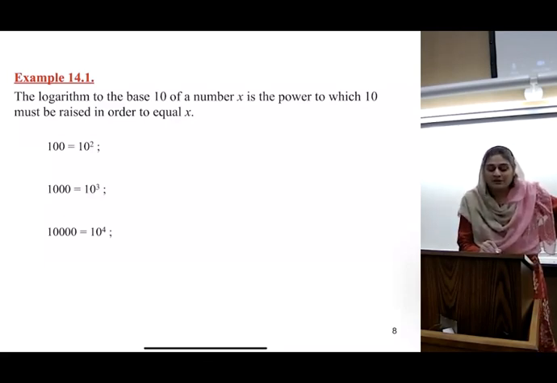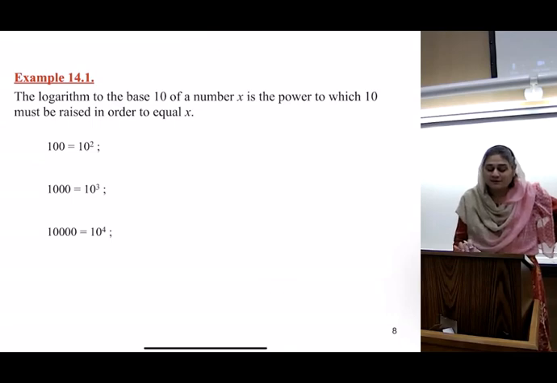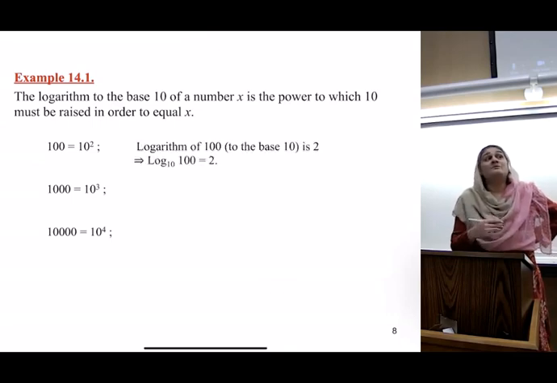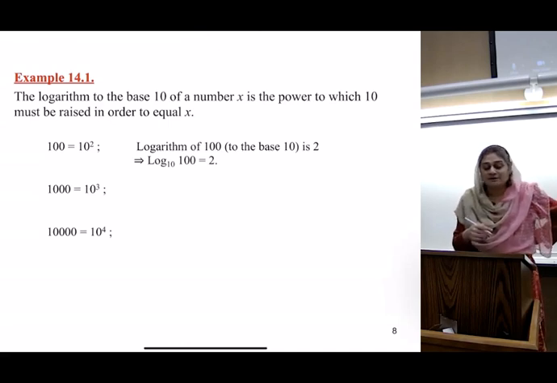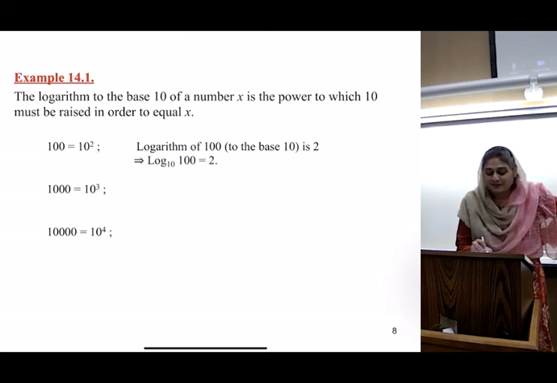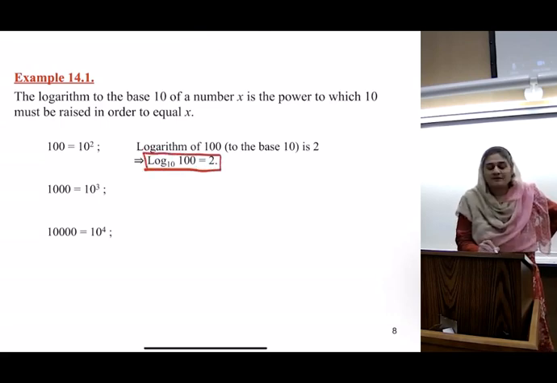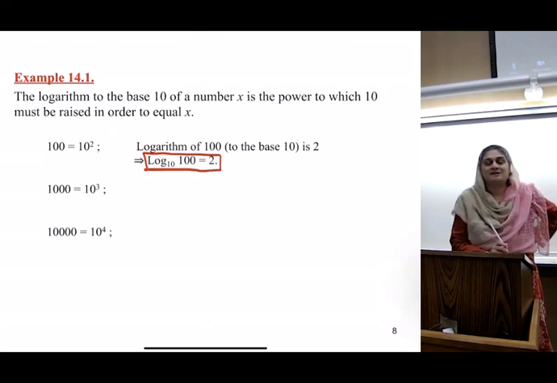So 100 equals 10 to the power 2. So the way we would say it would be log of 100 to the base 10 is 2. And mathematically, we would write it as that. Now this is 1000 equals 10 to the 3. How do you think we would say it?